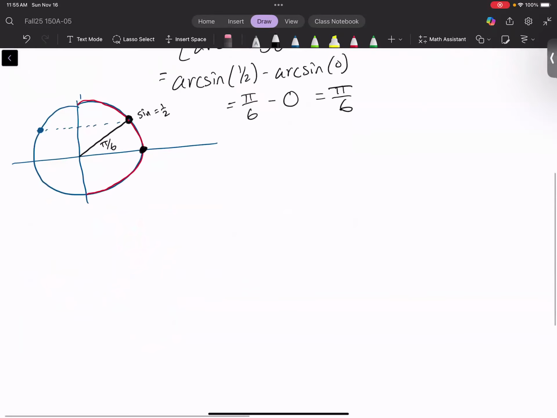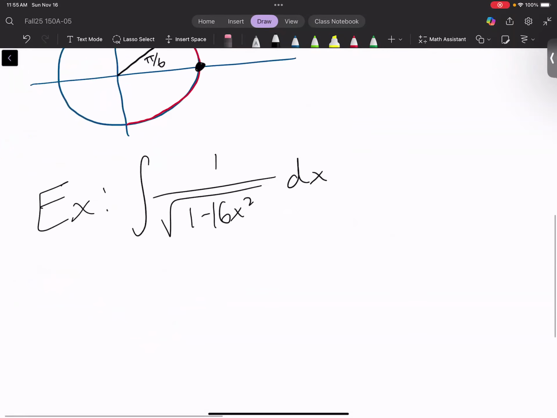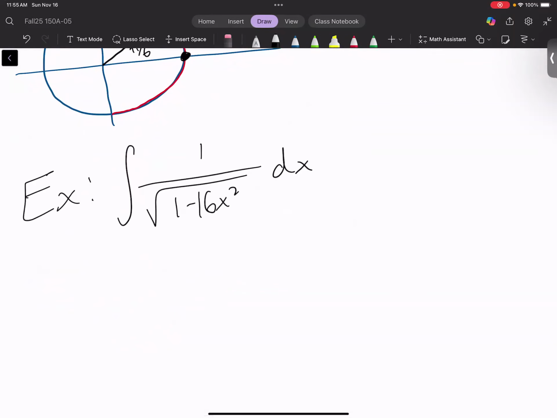Let's try some indefinite ones. Let's try the integral of 1 over square root of 1 minus 16x squared dx. So the way we want to approach this is we want to find the 1 over square root of 1 minus u squared, right? Because that's going to be arcsine. But here it's x squared, which is close, but it's got the 16 on it.